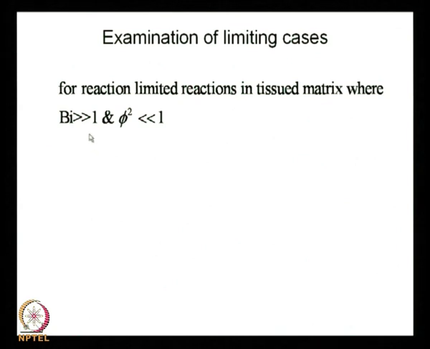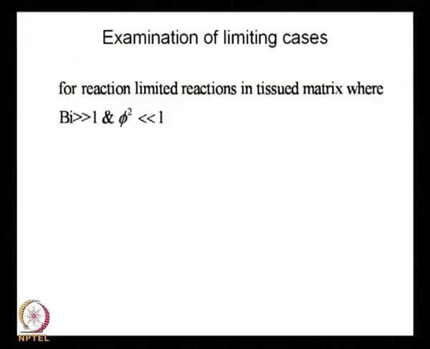So, for reaction limited, what do you need? You need phi square much less than 1. Why are the two conditions necessary? Phi square much less than 1 means that the reaction time scale is much greater than the internal diffusion time scale. Now, why do you need two conditions?